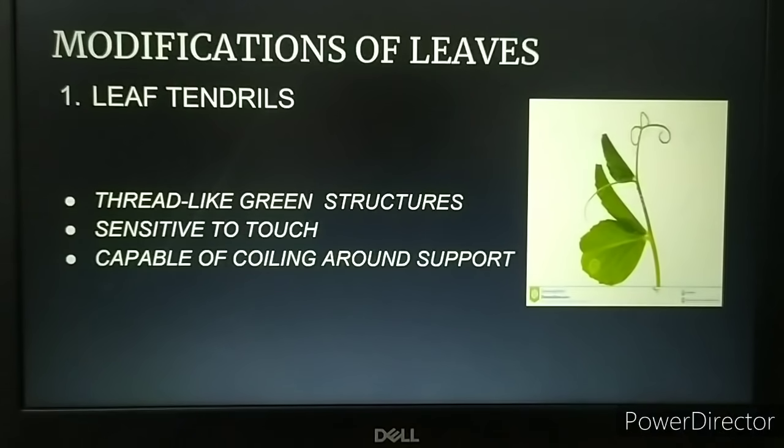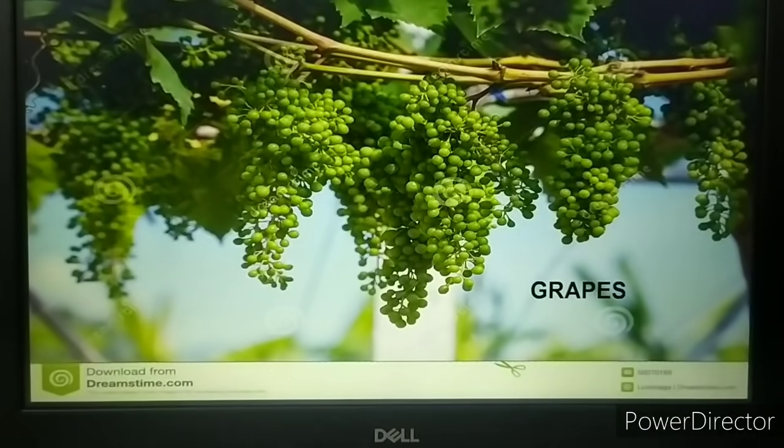They acquire this structure like a spring, which helps in climbing. These types of leaves are very sensitive to touch. Once they touch any support, they start coiling around that support, as you can see in grapes.